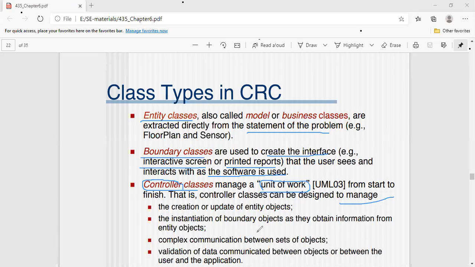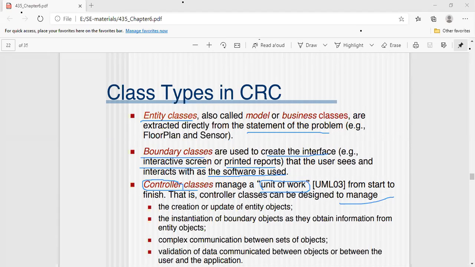If one object needs a relationship with another object, then we provide communication, which means a relationship between the two objects. And also validation of data communicated between objects, or between the user and the application.